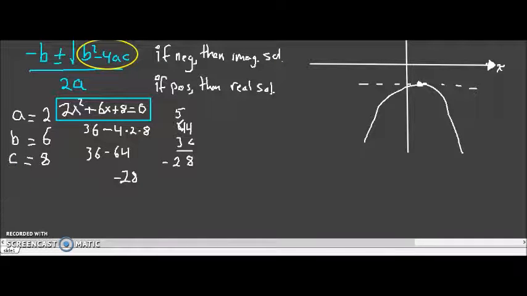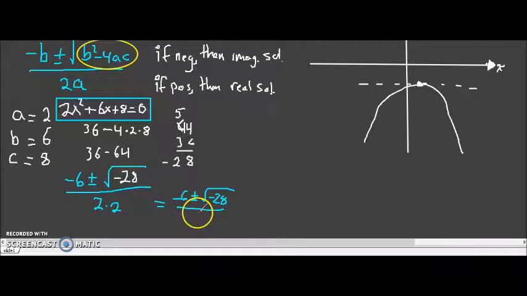So if we want to solve for it, then we have this negative 28 under the radical. So now we have negative b, which is negative 6, plus or minus the square root of negative 28, divided by 2 times a, which is 2. So then we get negative 6 plus or minus the square root of negative 28, divided by 4.